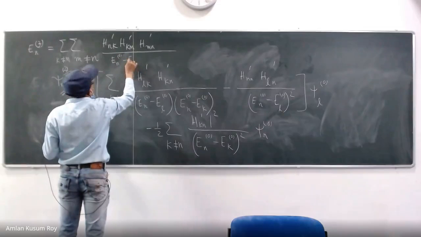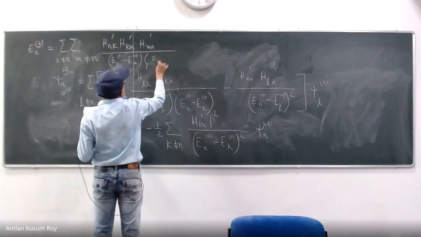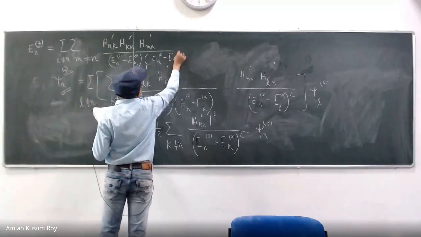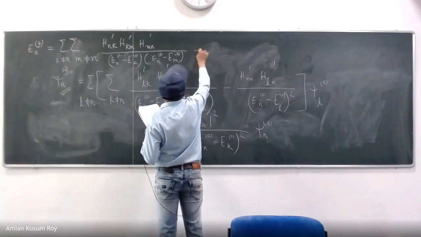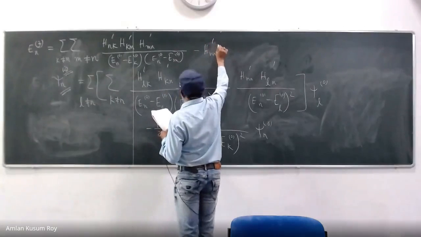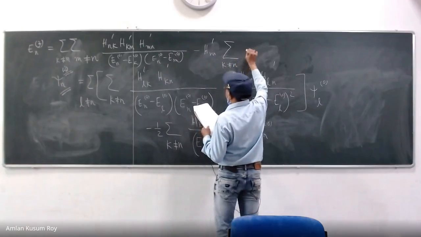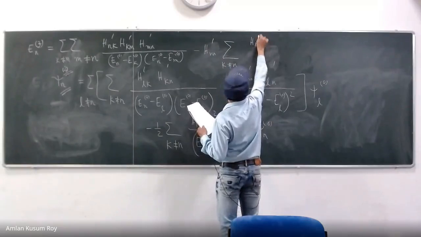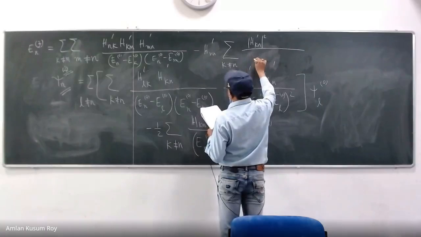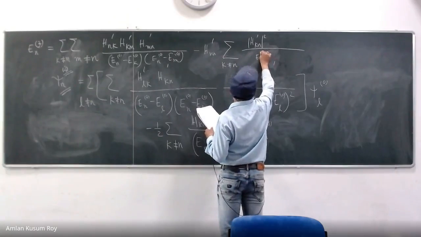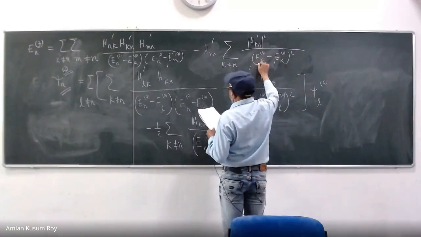En0 minus Ek0, En0 minus Em0, okay, minus Hn' summation k not equals to n H_kn' square over En0 minus Ek0 square.